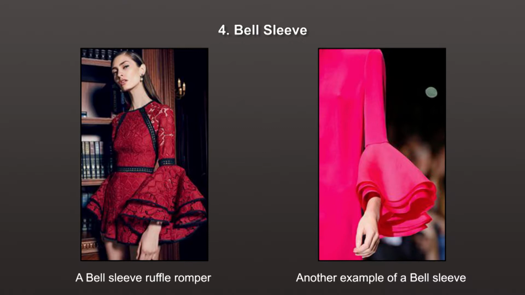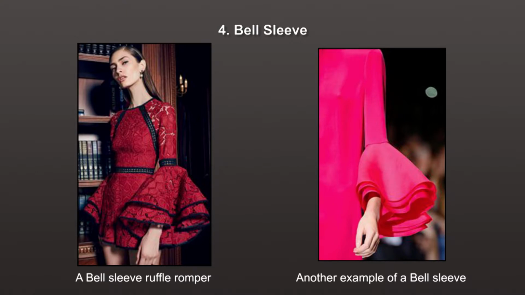More examples of bell sleeve can be seen here and with more innovations. In the first picture, we can see a Lexus Brett outfit, a bell sleeve ruffle romper from their Holiday Resort 2018 collection.